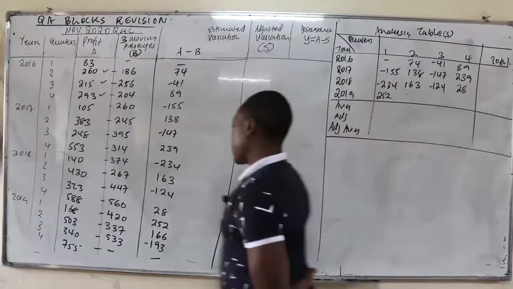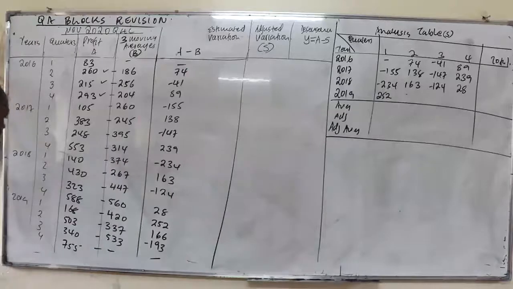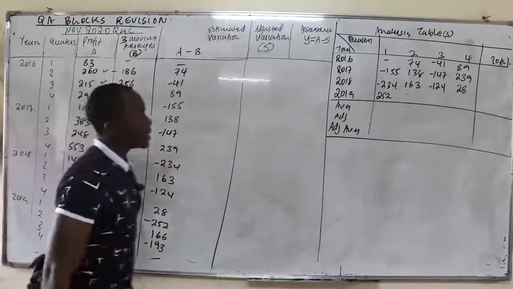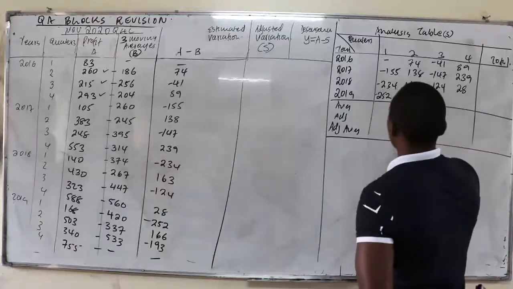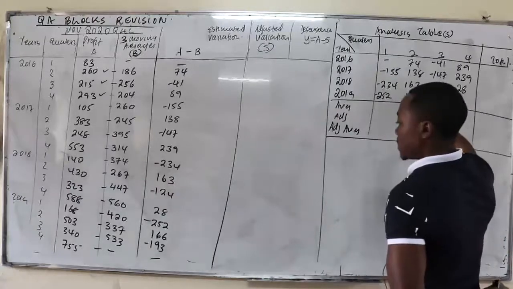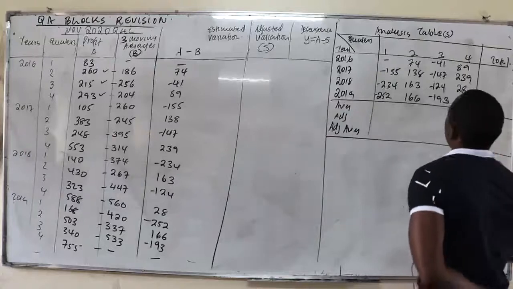Is 252 a negative? Negative 252, 166, negative 183, dash. So let's get the average.